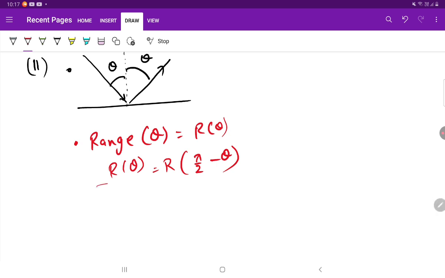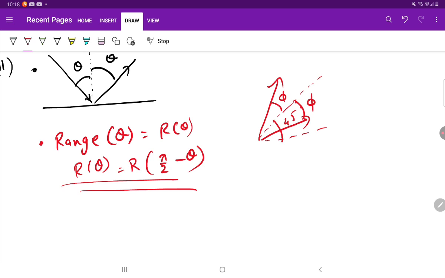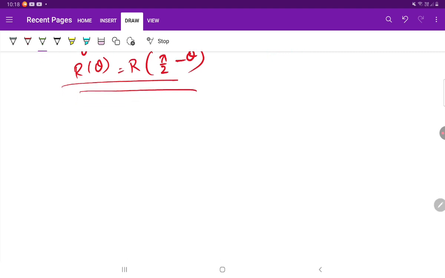This is the key point here. That means if this is my trajectory 1 and this is trajectory 2, then the trajectory along the bisector will make an angle of 45 degrees with respect to horizontal, and these will make equal angles with respect to the bisector, that is the line making 45 degrees with respect to horizontal.